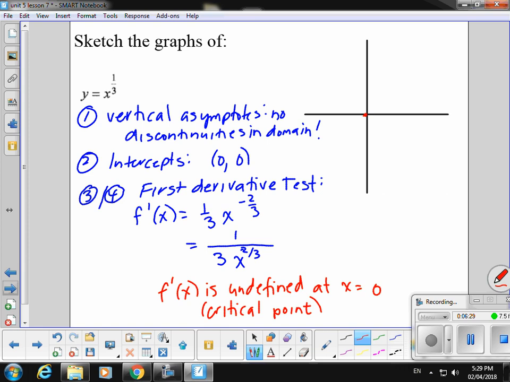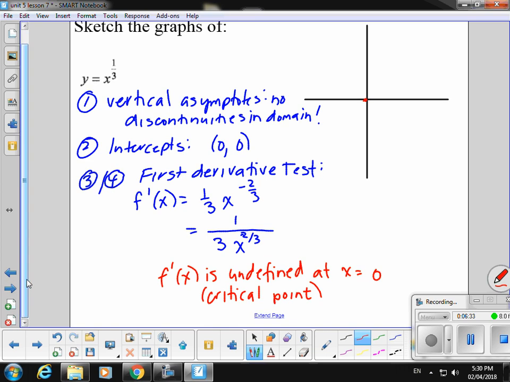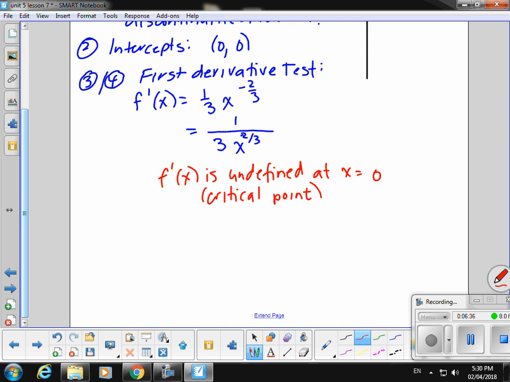So we're going to just set up a nice little table and have a look here. For my x values, I'm going to look about 0 to the left and to the right. My derivative, if I have a negative, where is my derivative? Here it is.